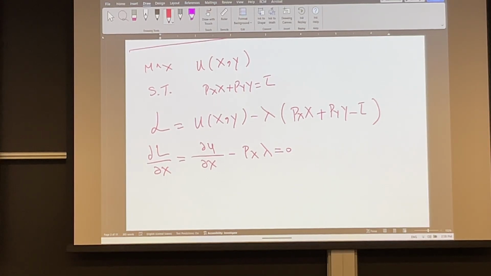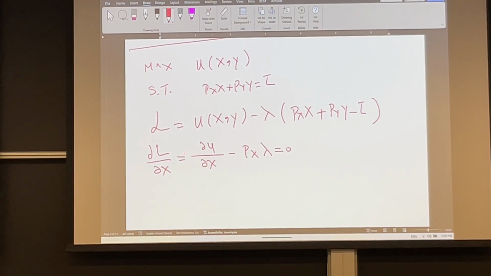Make sense? That's the first derivative of utility with regard to x. We call the first derivative marginal utility. So we call this one marginal utility of x. Right?